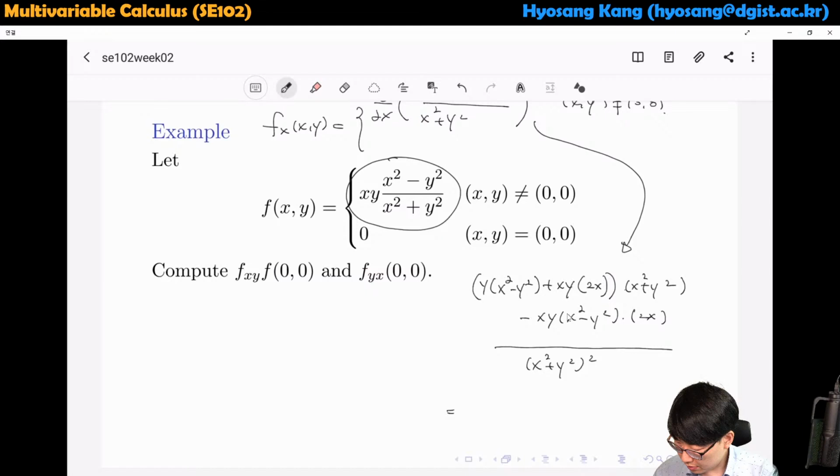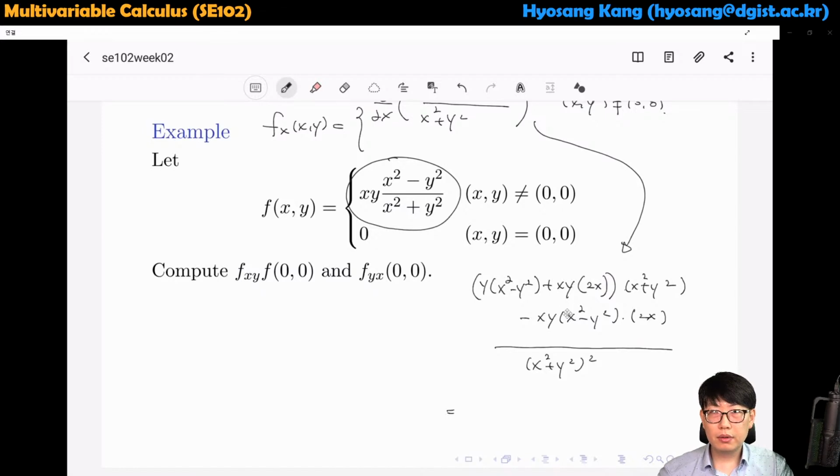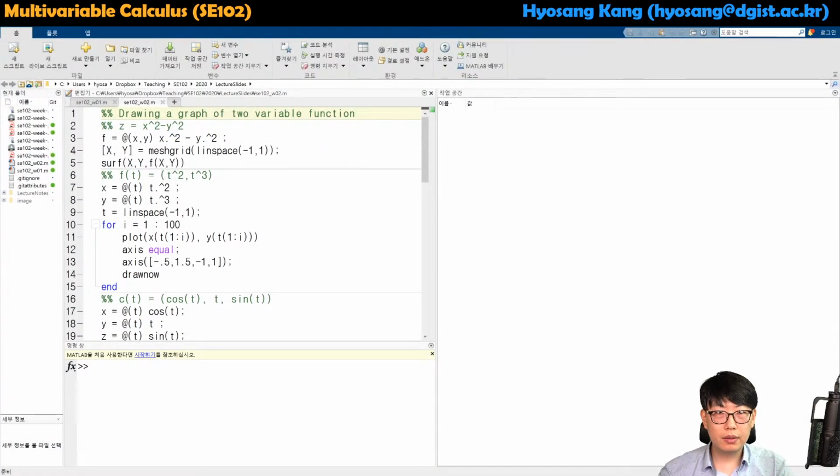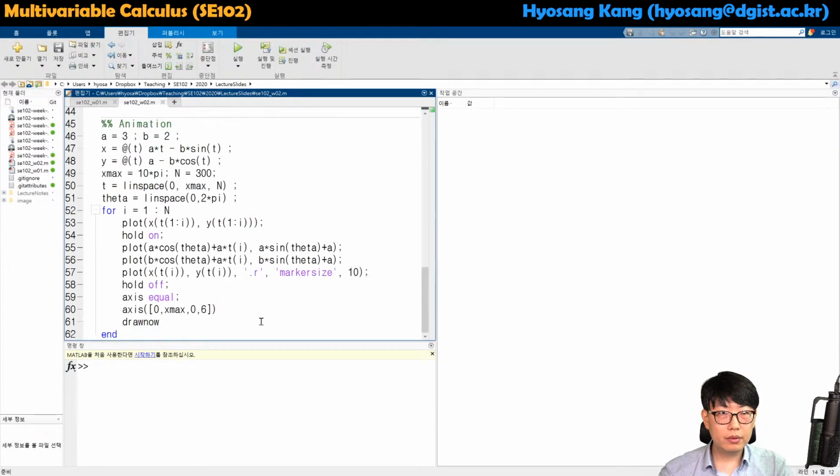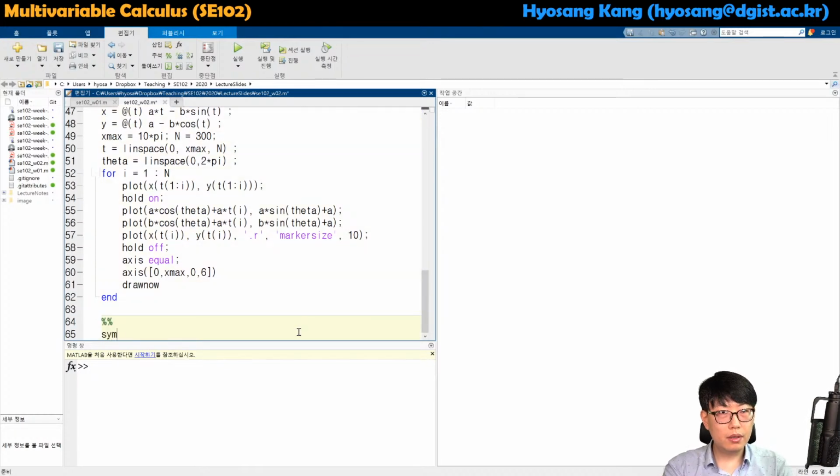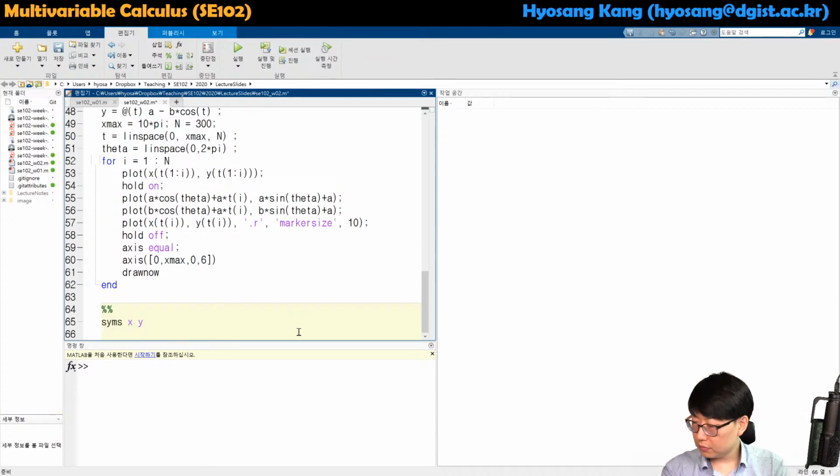Let me tell you right now how to do this in MATLAB. Remember that formula. Here I'm going to define symbolic variables x and y, and let me rewrite the formula here.